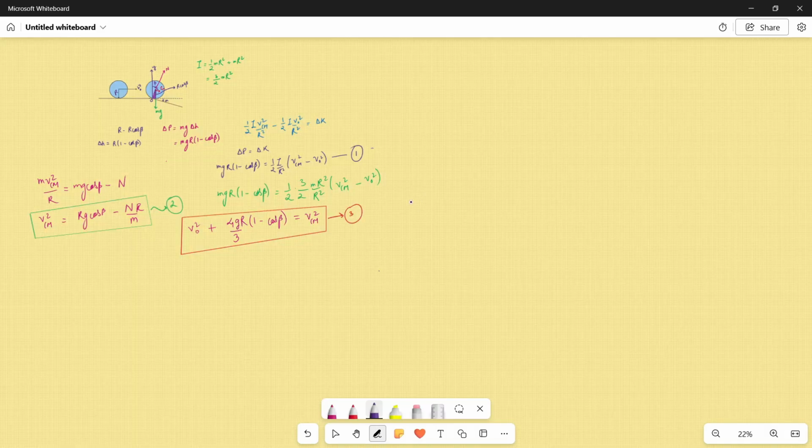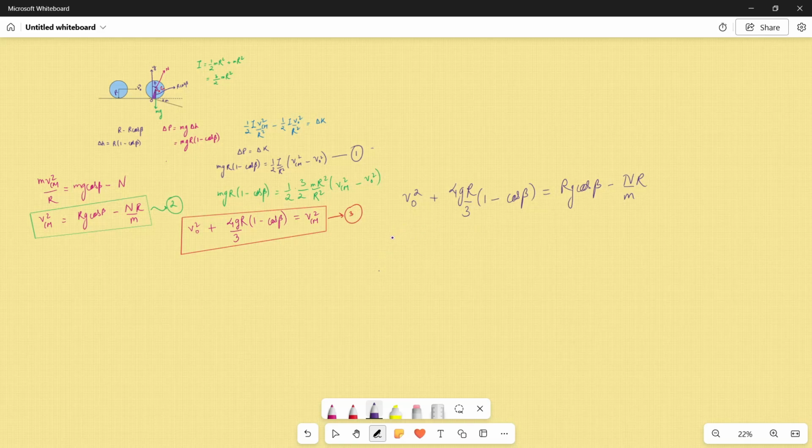Now plugging the value of v center of mass squared from equation 2 into equation number 3, we get v naught square plus 4gr divided by 3 times (1 minus cos beta) equals rg cos beta minus Nr by m.